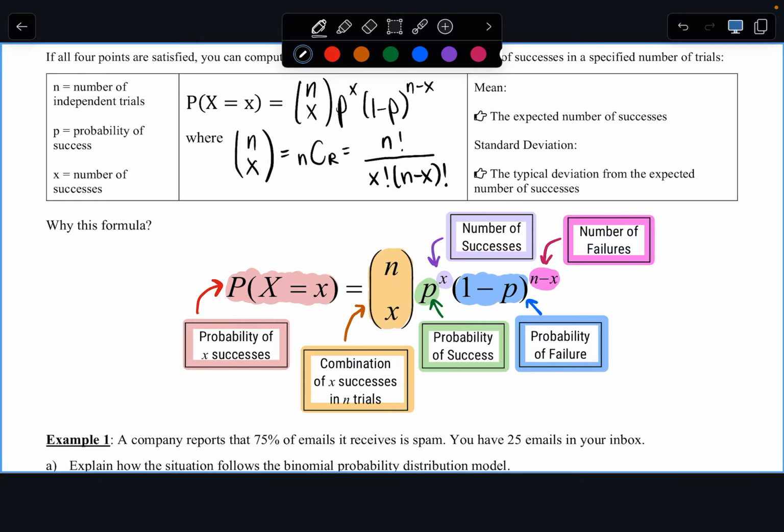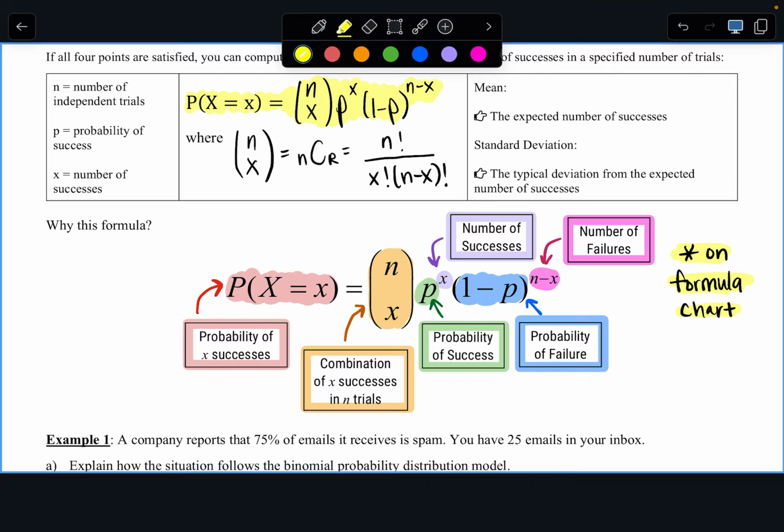So the formulas that you get on your formula chart, I'm going to highlight specifically just because there's so much going on right now. You get this one. And the nice thing about this section of the formula chart is that it is labeled binomial probability.